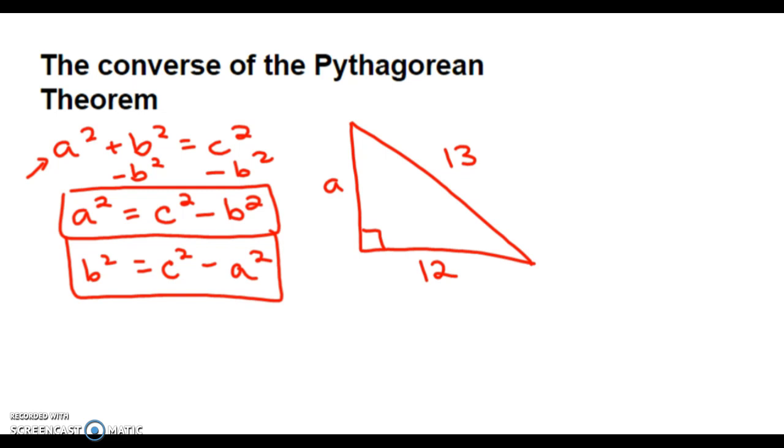In this case, C is 13 and B is 12. 13 squared is 169. 12 squared is 144.